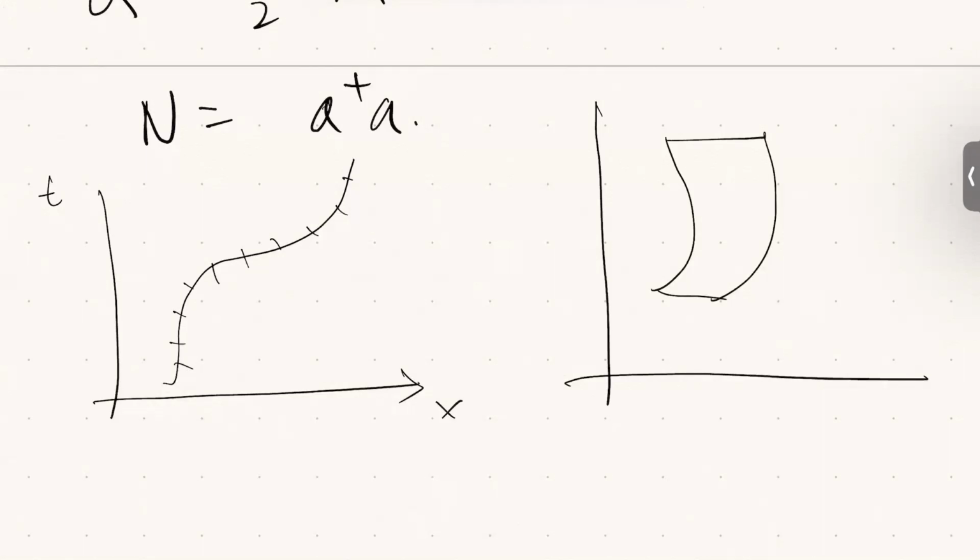But you can also identify this point and this point, and then you will have something like this, right? Or in other words, you have this paper, you fold and identify it, okay? Like this. So this is a closed string, and this is an open string.